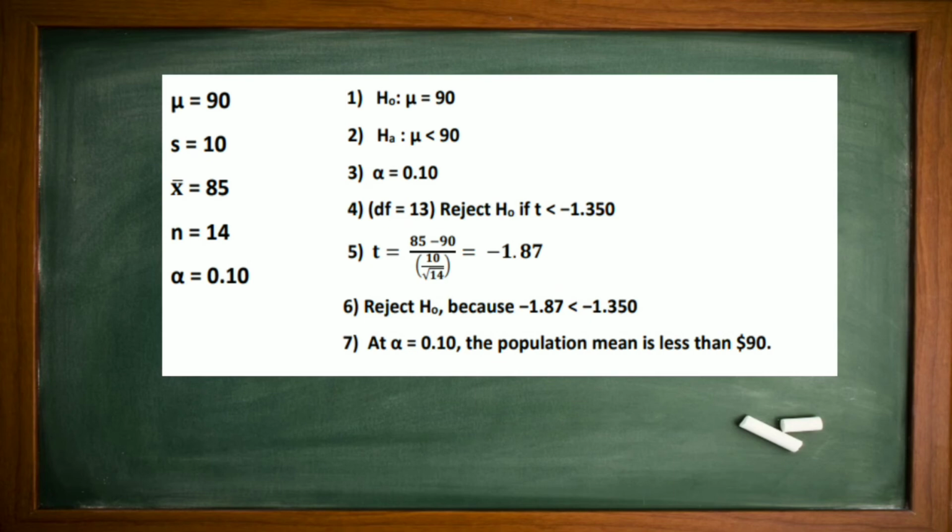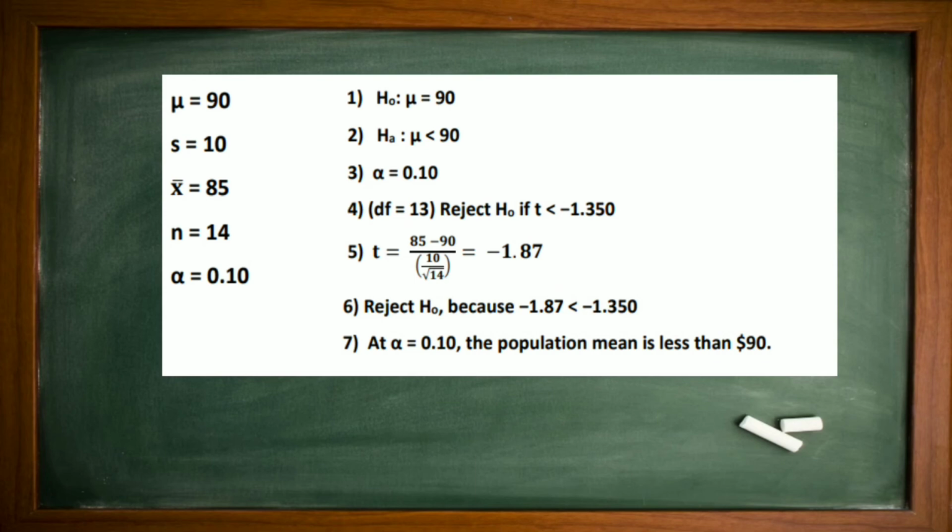Next, step 3, state the significance level. So, given na po yan, meron tayong 0.10. Next, determine the rejection region. So, dito po, kung makikita nyo, meron tayong DF equals 13. Okay? Where DF po stands for degrees of freedom.